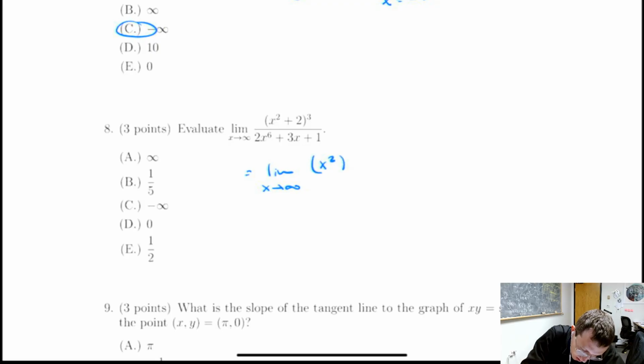So I can ignore everything in the numerator except the x squared, including the 2. And in the denominator, I can also ignore everything except the x cubed. To be clear, these expressions are not algebraically equal. It's just that when we take the limit as x goes to infinity, you're going to get the same result in the limit.